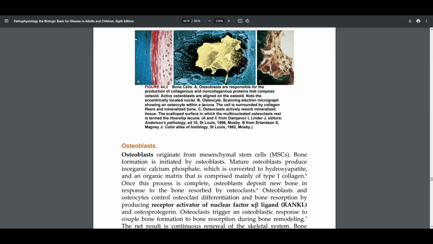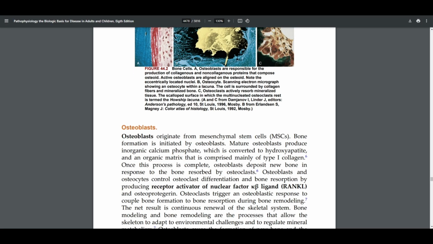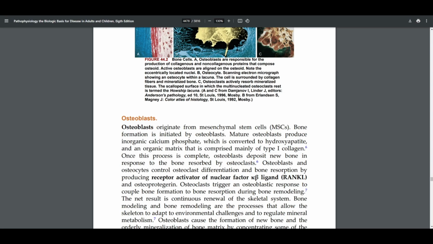Once this process is complete, osteoblasts deposit new bone in response to the bone resorbed by osteoclasts. Osteoblasts and osteocytes control osteoclast differentiation and bone resorption by producing receptor activator of nuclear factor kappa B ligand and osteoprotegerin.